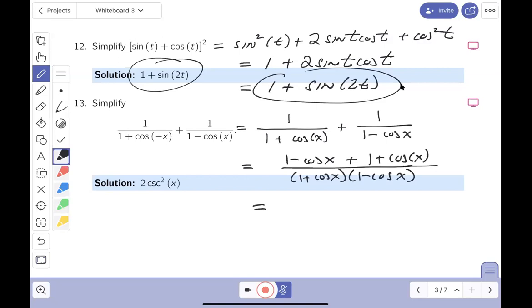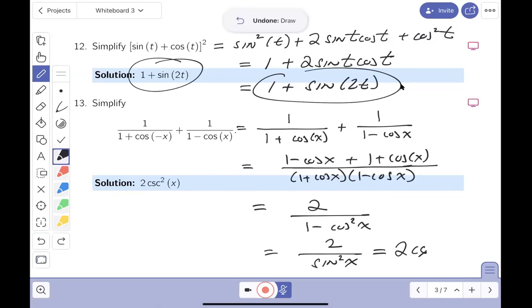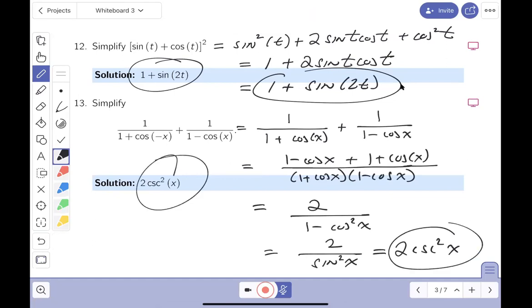The numerator, the top would just be 2, right? That's pretty simple. What's the denominator going to be? 1 minus cosine squared. And I should recognize that guy. That's just simply sine squared, isn't it? And what's that give me? 2 cosecant squared x. I really messed up with the penmanship, didn't I? All right, let's go to the next page.